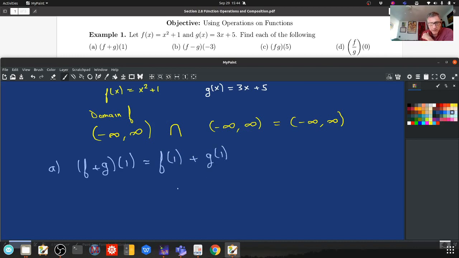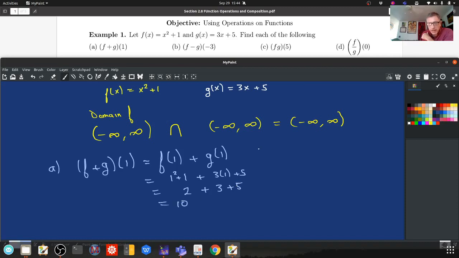That's by definition. So f of 1 is 1 squared plus 1, and g of 1 is 3 times 1 plus 5. Well, that's just equal to 1 squared is 1, so 1 plus 1 is 2 plus 3 plus 5. So that's equal to 10.